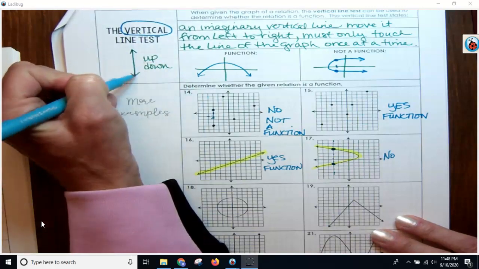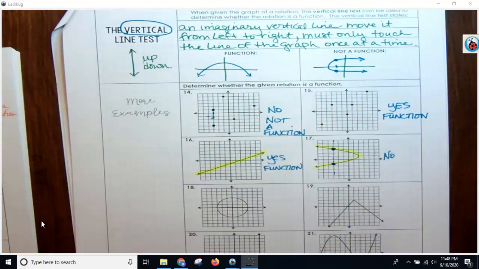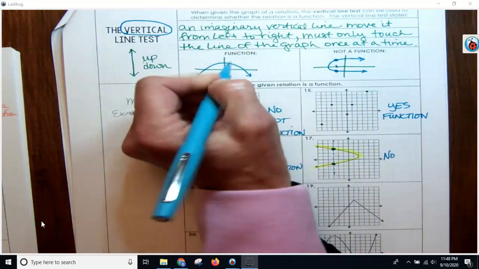We're taking an up and down line. If I was going to use a pen or a pencil and just put that as a vertical line and just slide it from left to right, does this graph right here, does that blue line ever touch this vertical line more than once? And the answer to that is no. So this would be a function as long as it only touches it once.